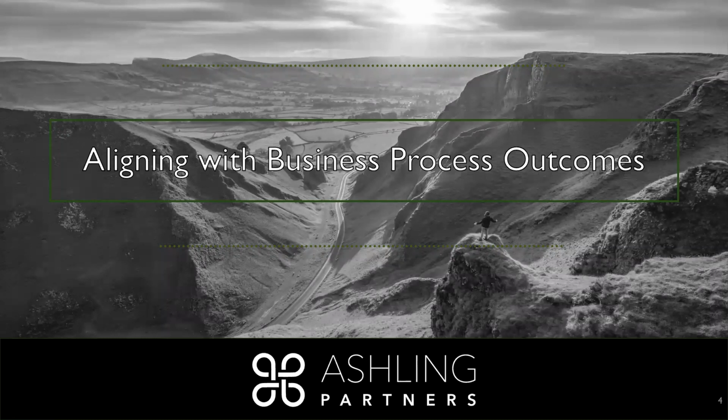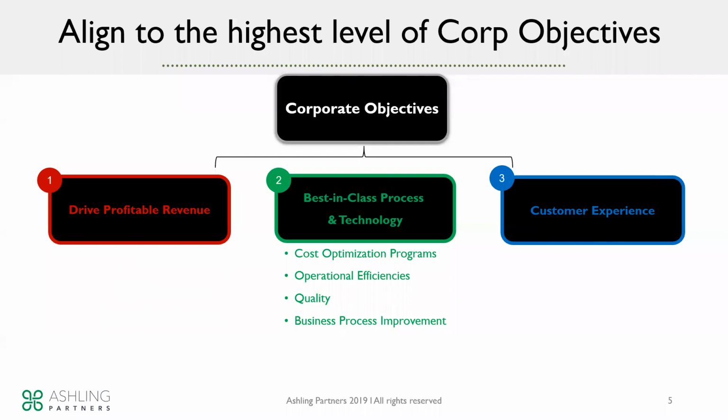So aligning with business process outcomes. First and foremost, you always want to make sure that you have a strong definition of success for your automation. So we encourage you to align to the corporate objectives. If you think of a pyramid, the top of the pyramid is the organization's objectives, the overall company's objectives.